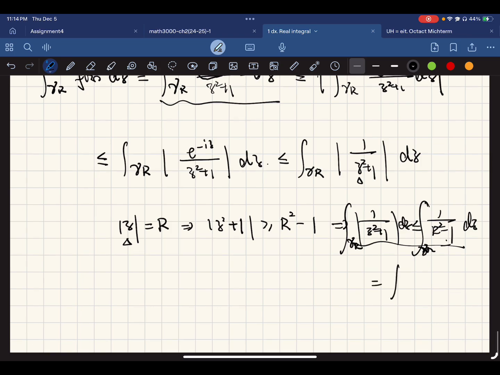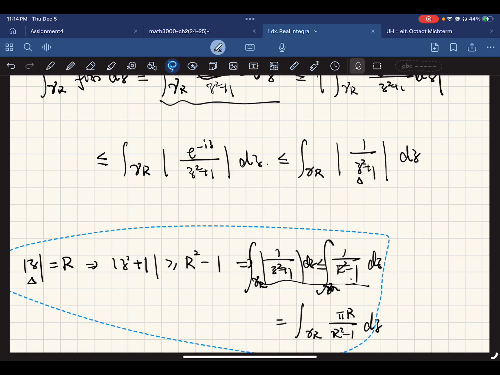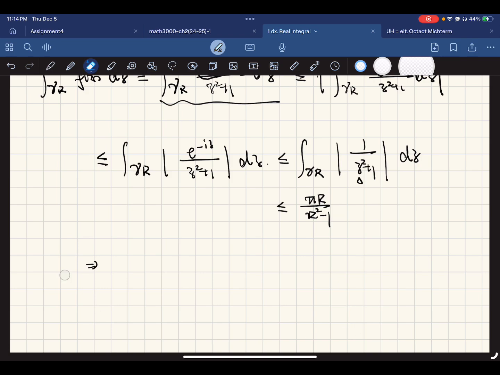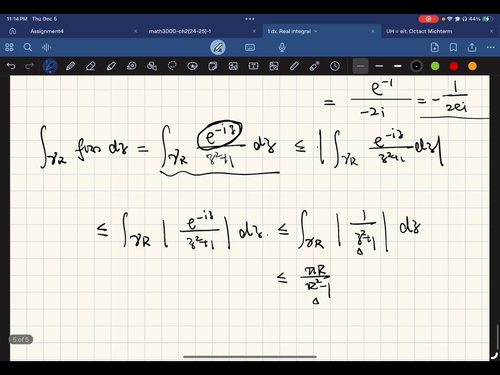So it equals pi r over r squared minus 1, since the length of the semicircle is pi r. We have done the integral part, so this is the final right-hand side for this inequality.